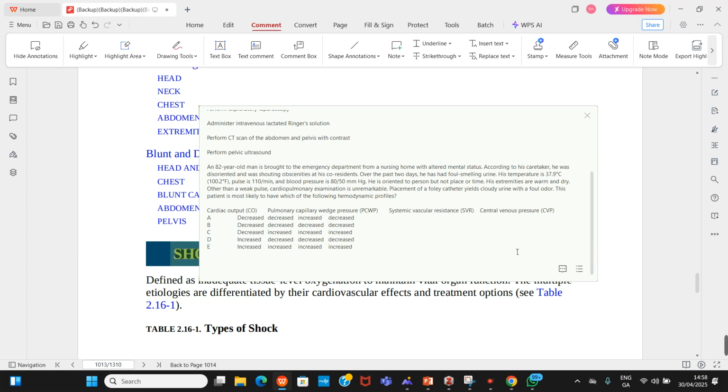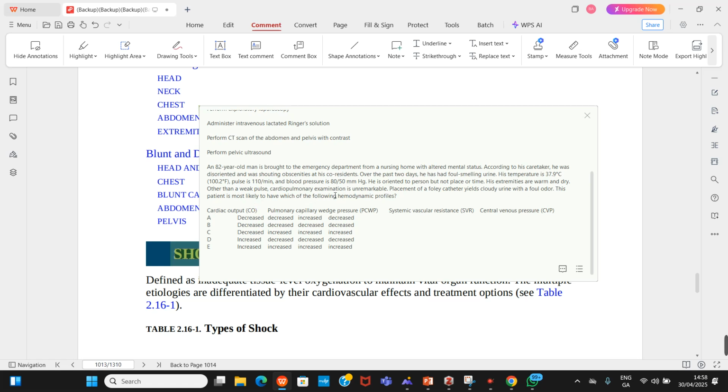An 82-year-old man is brought to the emergency department from a nursing home with altered mental status. According to his caretaker, he was disoriented and was shouting obscenities at his co-resident. Over the past 2 days, he has had foul-smelling urine. Temperature is 37.9, pulse is 110, and blood pressure is 80/50.